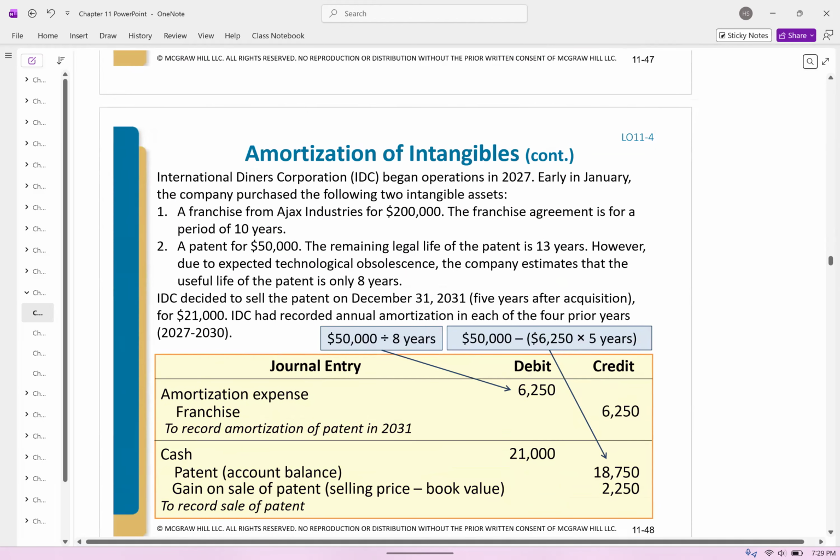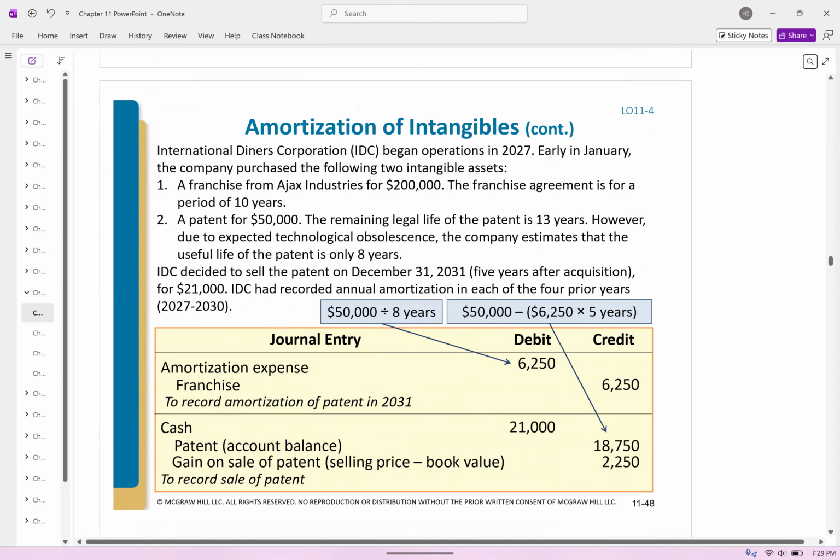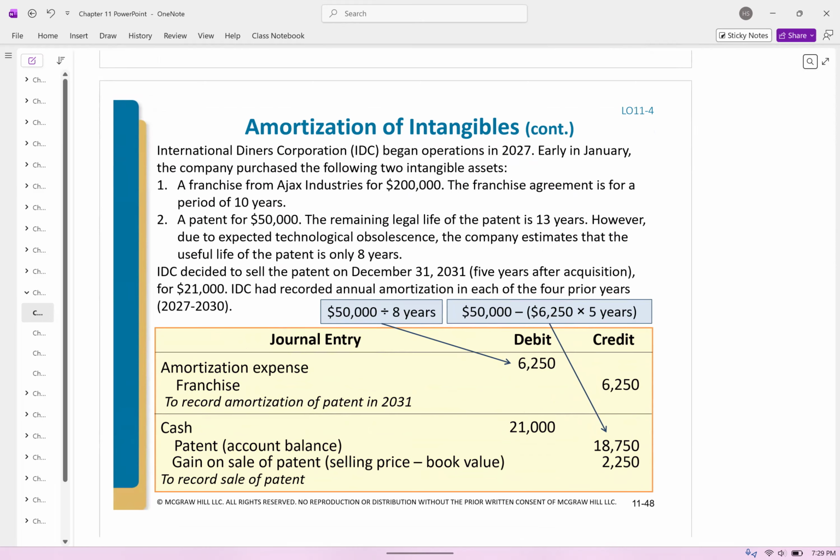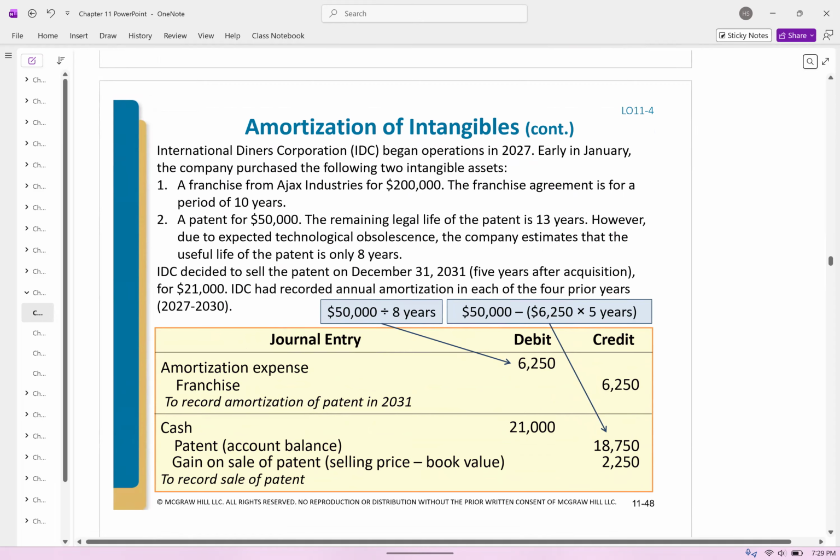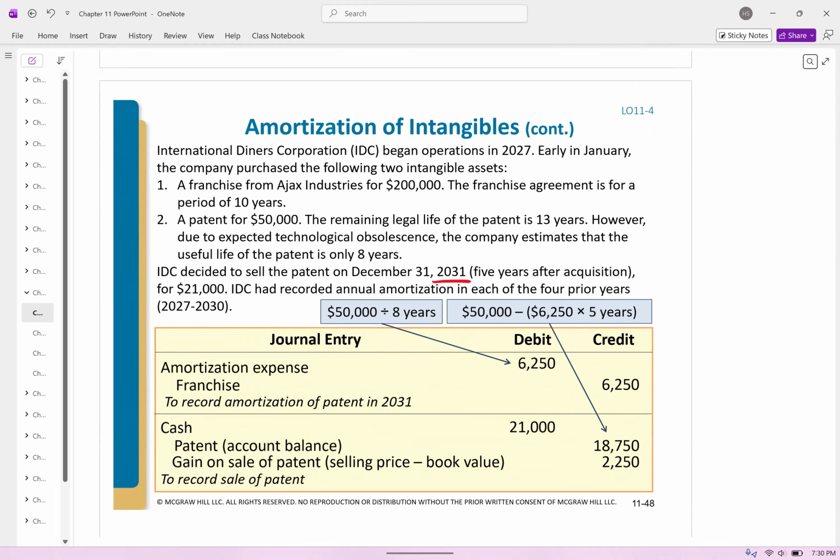Okay. And so then they go on to tell us that IDC decided to sell the patent on December 31st, 2031, 5 years after the acquisition, for 21,000. Okay. So where's our patent? Our patent had started at 50,000.